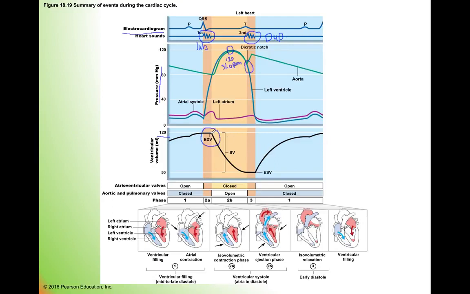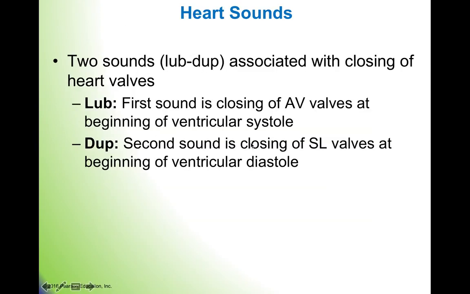As ventricles contract, you see right here during the contractile phase, you end up with about 50 milliliters of blood inside your heart, which represents end systolic volume. Basically, how much blood is left inside your ventricles after it has gone through contraction. So the difference between them, what I showed you earlier, is known as stroke volume, which is about 70 milliliters. So keep those in mind. We will visit them again in your next presentation.